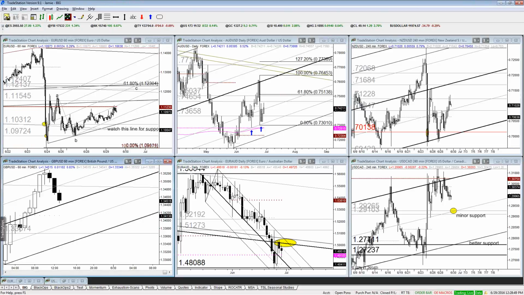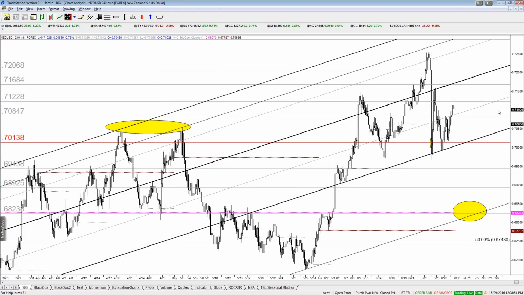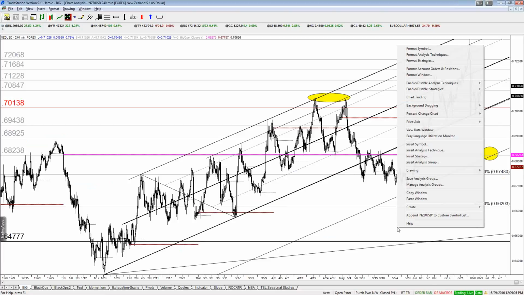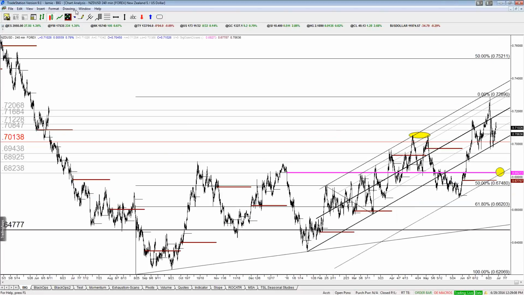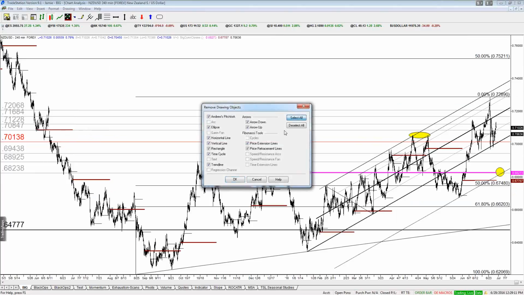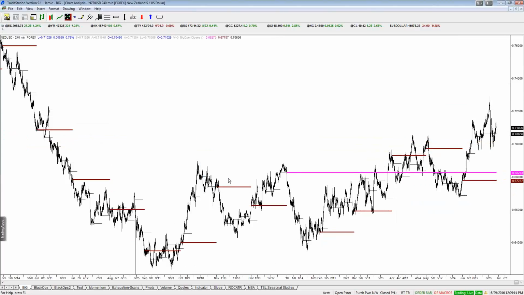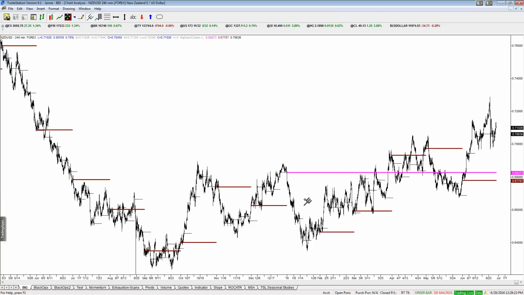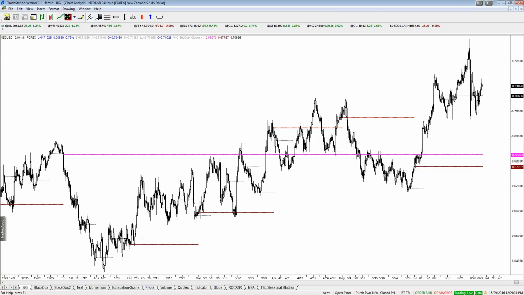Moving on to Aussie. We'll get to Aussie in a little bit because there are more crosses I want to talk about with Aussie. Kiwi. If I just get rid of what makes me a human, get rid of my biases or something, and just tell myself to trade the damn lines on the chart, I think I would do all right or better.